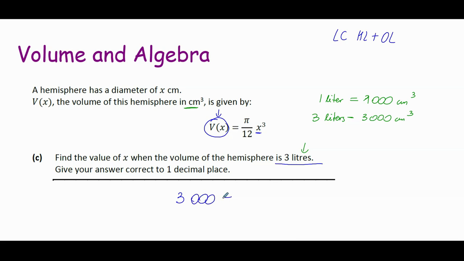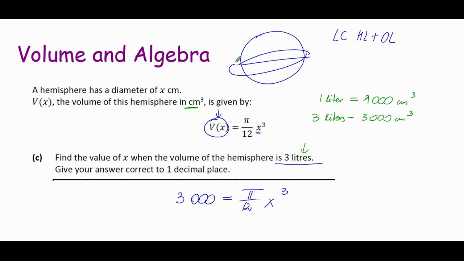So let's say that in the exam, we didn't cop on that, we didn't change that. What will happen is that we're going to get the value of x, which is what? The diameter. That means it goes through half of the hemisphere here. So it's just half of the sphere. So it goes here.